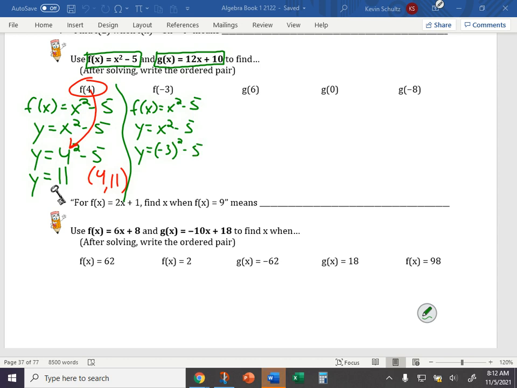Notice my use of parentheses, okay? They are required here because what this means is whatever x is, that's what's being squared. Since x is a negative value, I need to include that negative sign as part of the base. Remember in your previous unit, we talked about when the negative sign is included and when it's not.